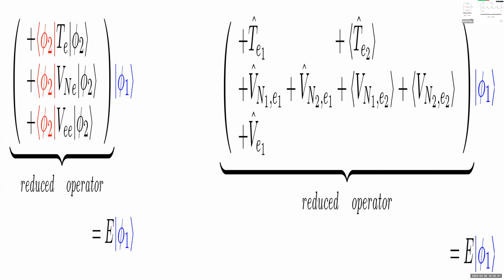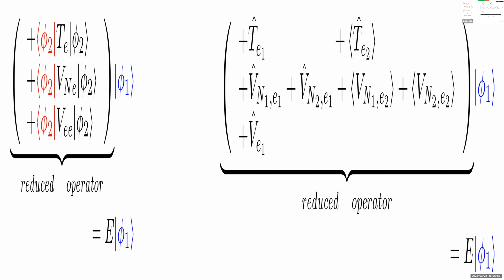Okay. Now, if I plug everything back into this pseudo one-electron Schrödinger equation, you'll see that what is without brackets is an operator: kinetic, electron-nuclear, electron-electron with respect to electron 1.